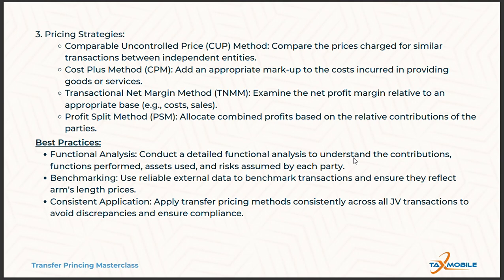We're talking about benchmarking now, ensuring pricing is consistent with market rates and reflects arm's length principle. Consistent application. Apply the chosen pricing methods consistently across all JV transactions. This will help avoid discrepancies and ensure compliance with tax regulations across jurisdictions.